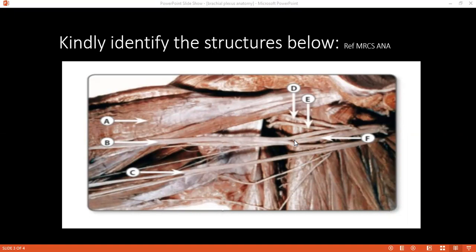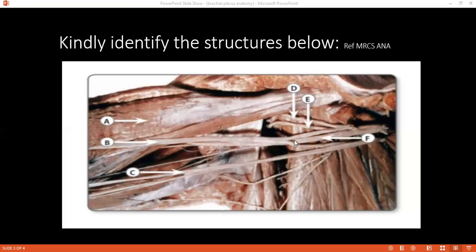There are 3 cords: the lateral cord, posterior cord, and medial cord. They are formed by the anterior and posterior divisions of the 3 trunks. The lateral cord is formed by the two anterior divisions of the upper and middle trunk, and the posterior cord is formed by the 3 posterior divisions of the upper, middle, and lower trunks, and the medial cord is formed by the anterior division of the inferior trunk.